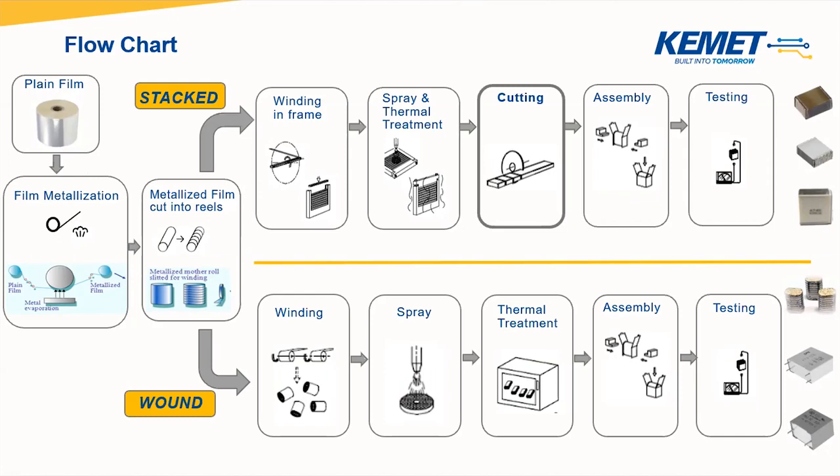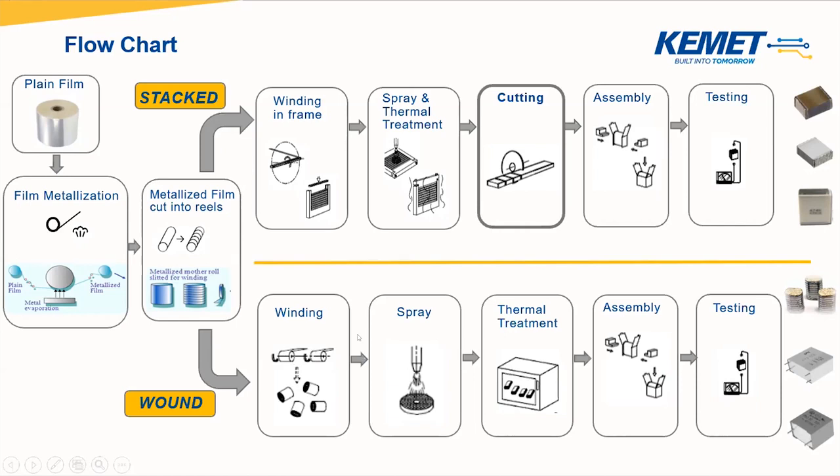Once the film is metallized, the big reels are cut into smaller reels that are used to start the winding process. And here we have the first big difference between the two most common technologies for winding. One is the wound technology, which is the most popular. In this case, we are winding each element by itself around a round core.